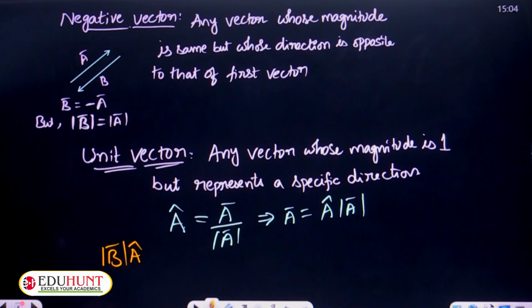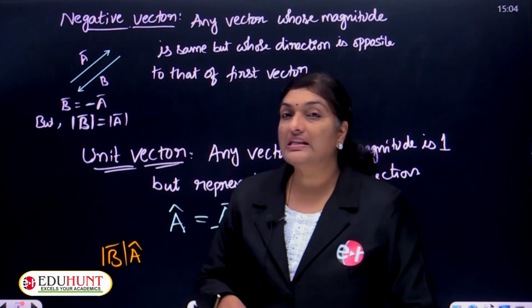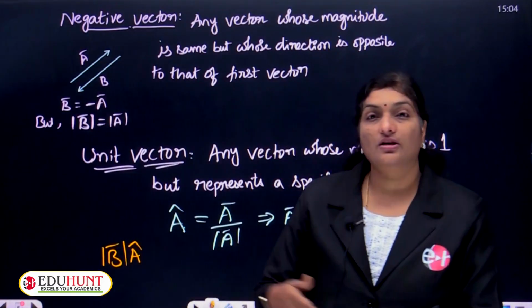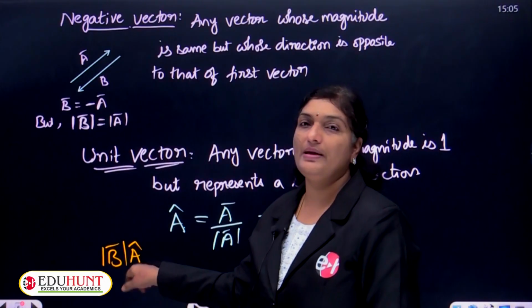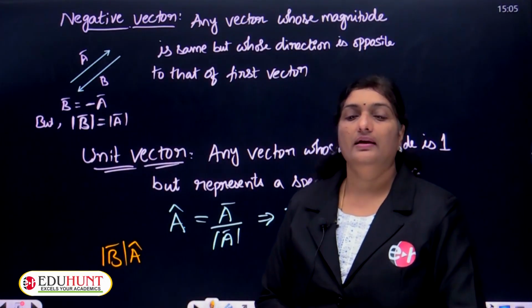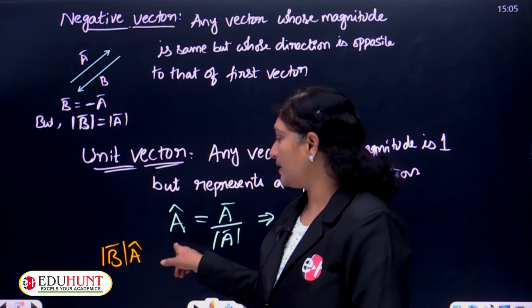What does this represent, children? This is a different vector which is in the direction of A cap. So whatever be the direction of A cap, this will also have the same direction. So it is a vector parallel to A cap.